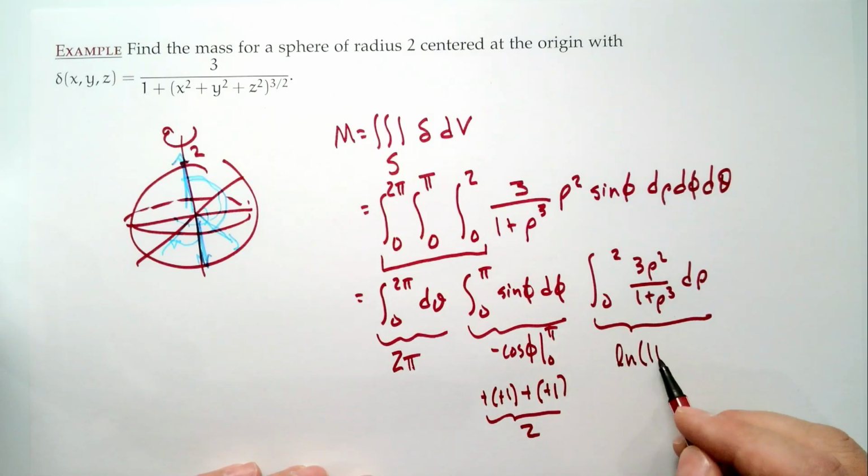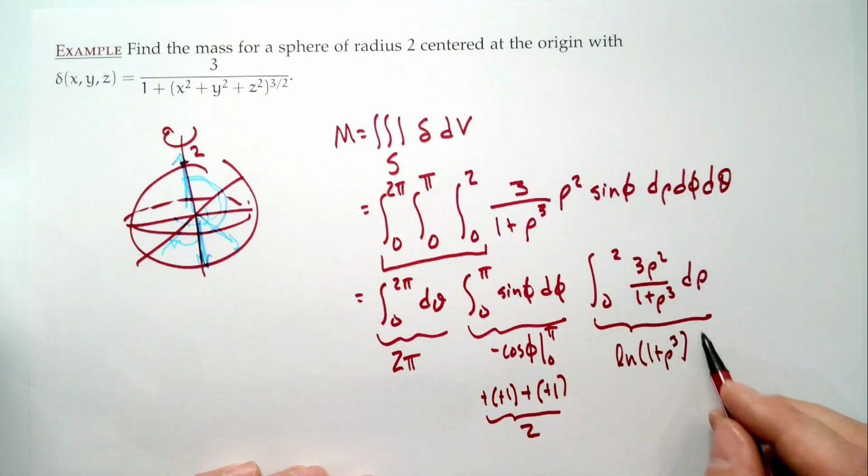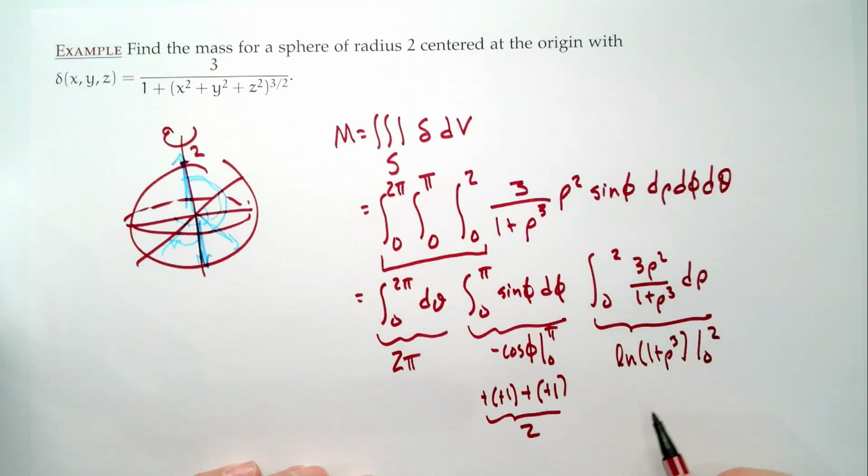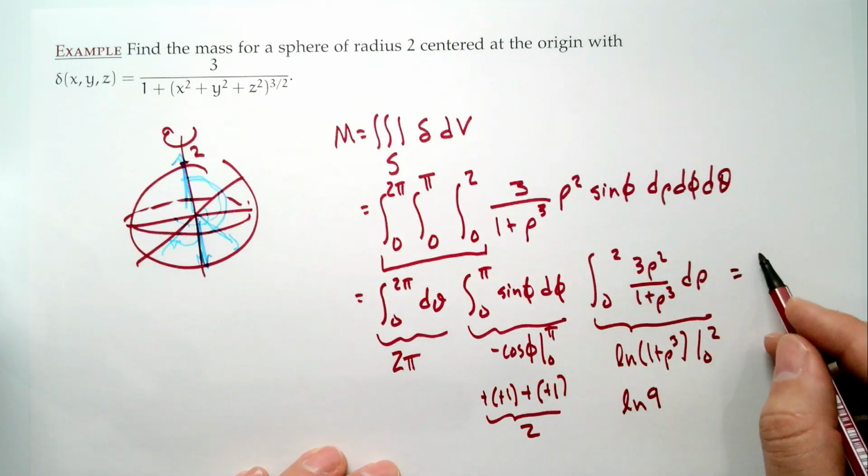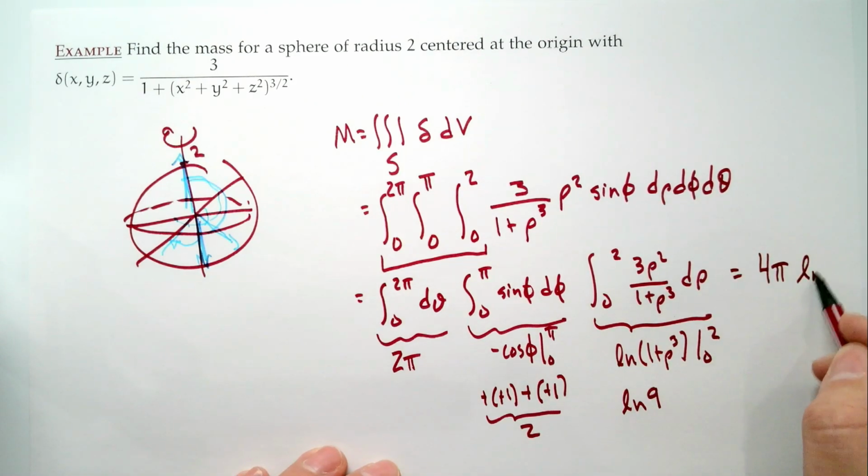So natural log of 1 plus rho cubed from 0 to 2. Plug it in. Well, 1 plus 8 is 9. So you get log 9. Subtract log of 1, which is 0. So our final answer is 2 pi times 2 times log 9, or 4 pi log of 9.